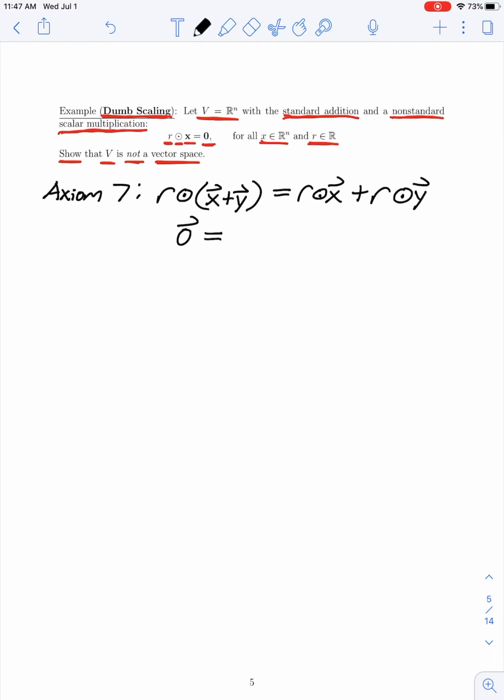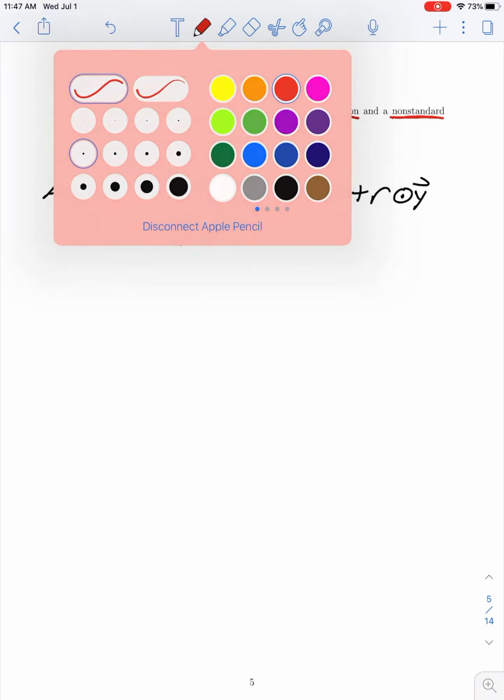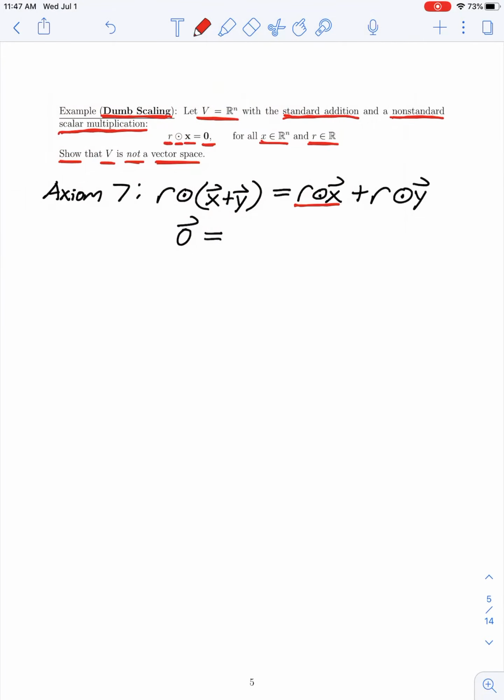Now, on our right-hand side, we have, first of all, a product of a scalar r with a vector x, which using our definition is defined as the zero vector. And then we have the sum with a scalar r times a different vector y, but regardless of what the scalar and vector are, we were always defining this scalar product as the zero vector.